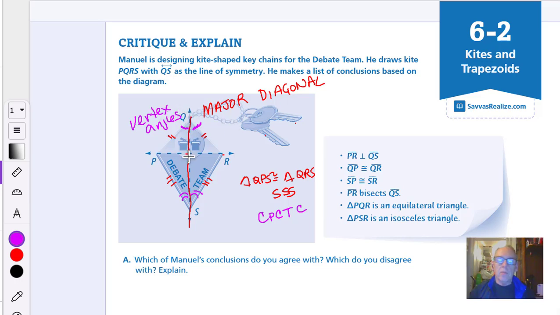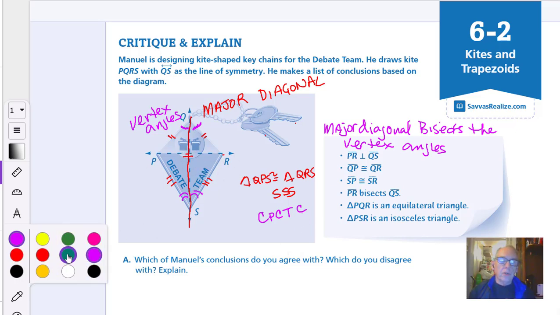So the major diagonal bisects the vertex angles of a kite.